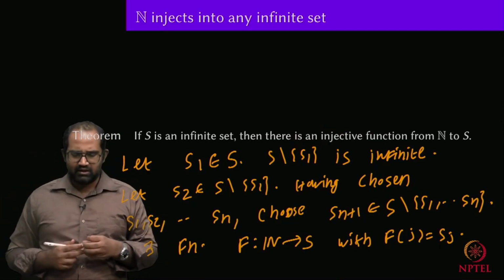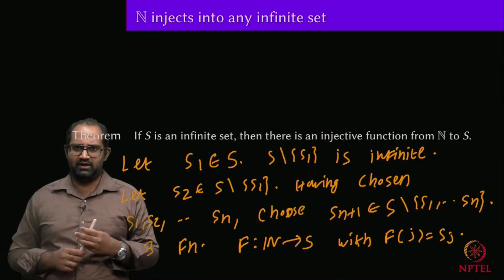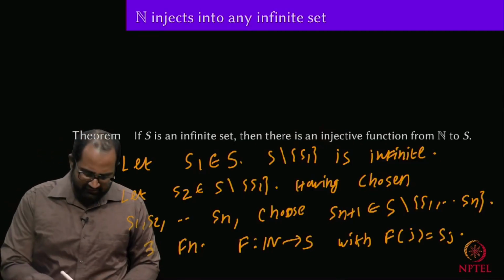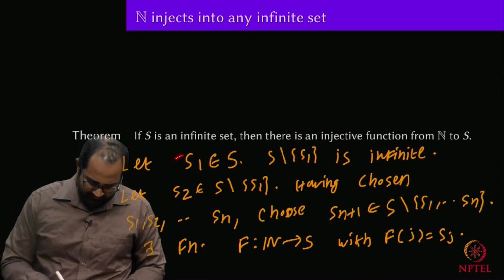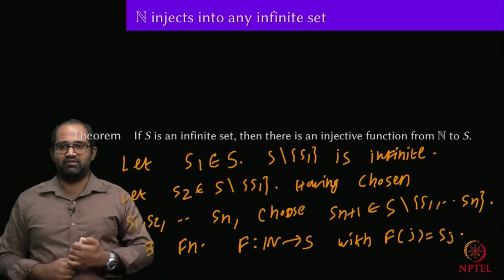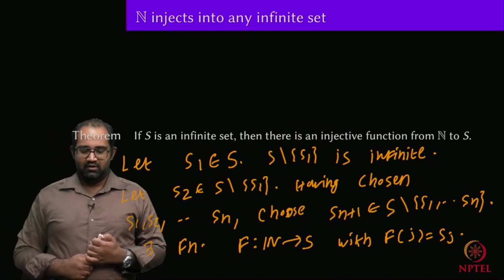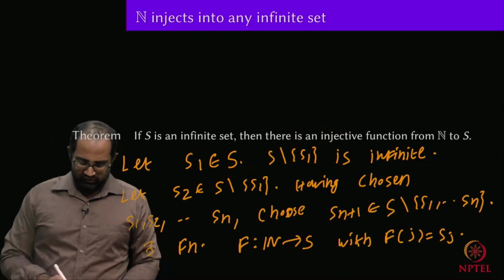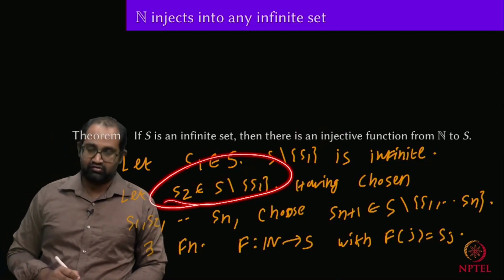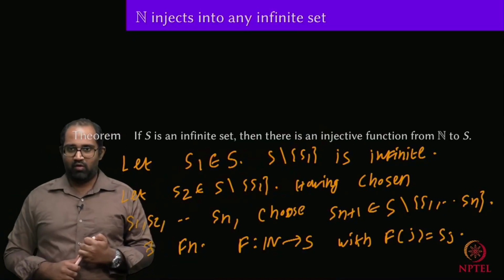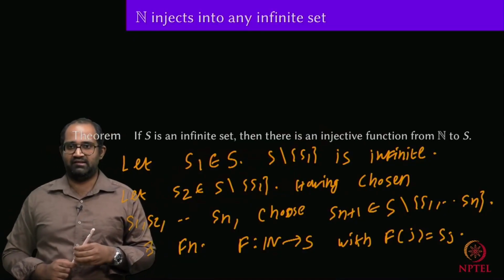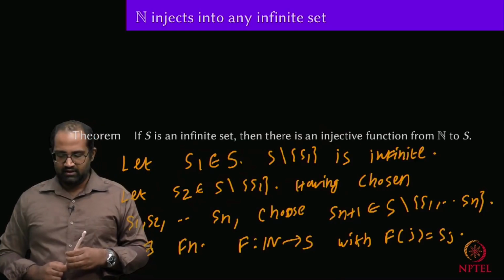Well, if you have a set S that is non-empty, then obviously there is an element S1 in S. That bit is obvious. Now, what I am saying is choose S2 in S minus S1. That is also obvious because we just showed S minus S1 is non-empty.